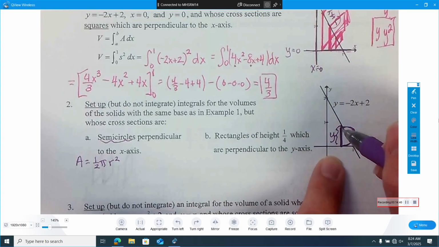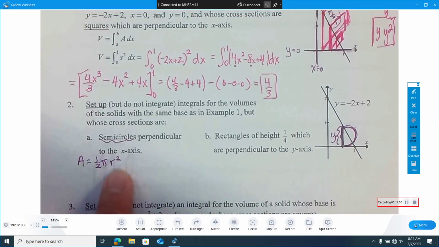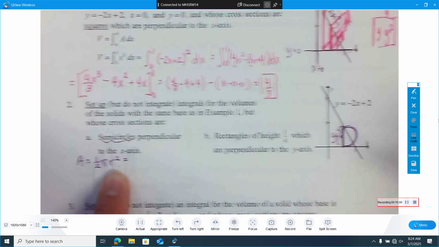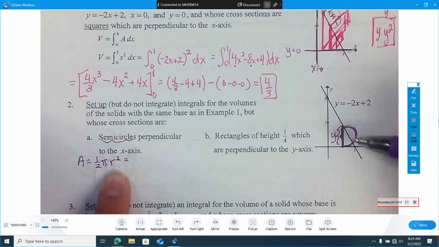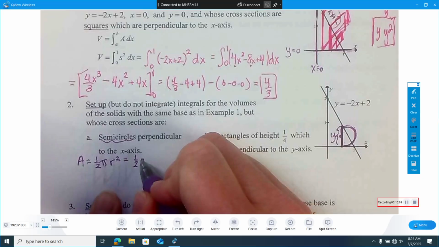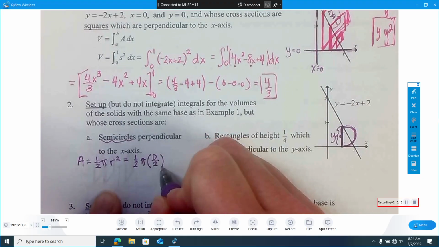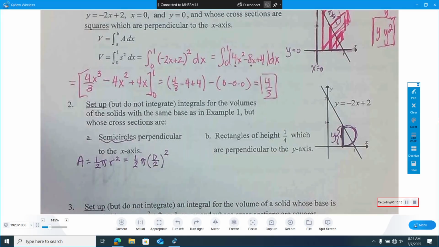Well, this would be the diameter of the semicircle, right? But our formula uses the radius. Yeah, we have to take that negative 2x plus 2 and split it in half. The radius is the diameter divided by 2, okay?